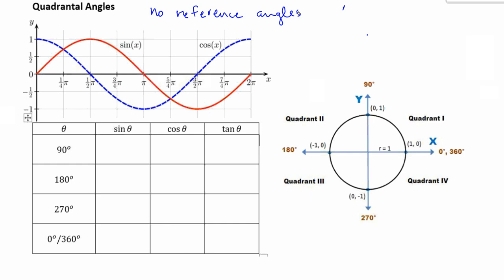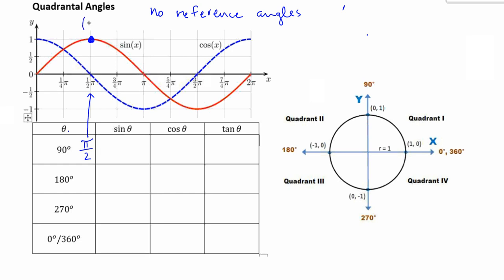So let's look at each one of these individually. I like to look at the graph. Now that you've already learned graphing, I know we hated it, but the basic graph of sine and cosine look like this. Sine's in red. So if my theta is 90, that's the same thing as pi halves, or 1/2 pi. It's this guy right here. What is the sine at that value? Well, go up to the sine curve.